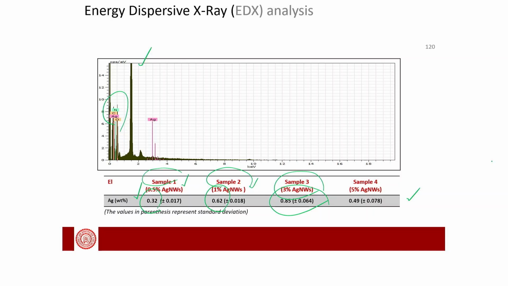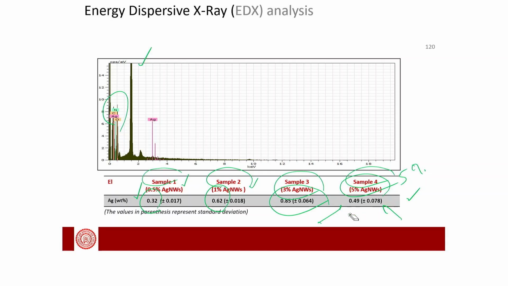And for sample 4, when we increased the silver nanowire to a higher percent, say 5%, we found that the silver content in the nanoweb was reduced. In the blend it was reduced to 0.49%.